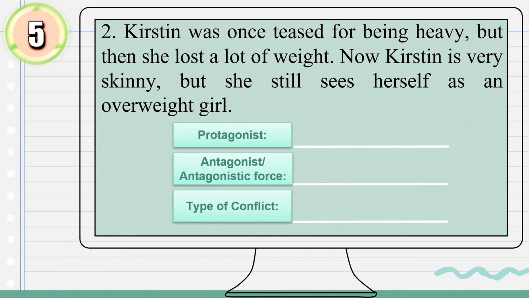Number 2. Christine was once teased for being heavy, but then she lost a lot of weight. Now, Christine is very skinny, but she still sees herself as an overweight girl. Who is the protagonist and what is the antagonistic force?